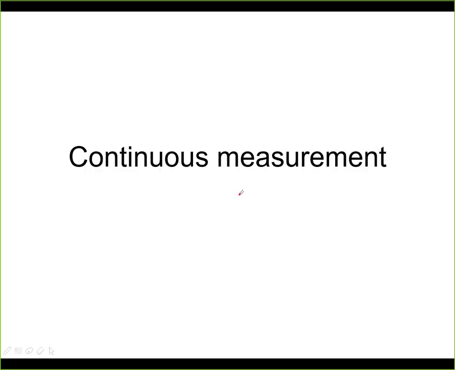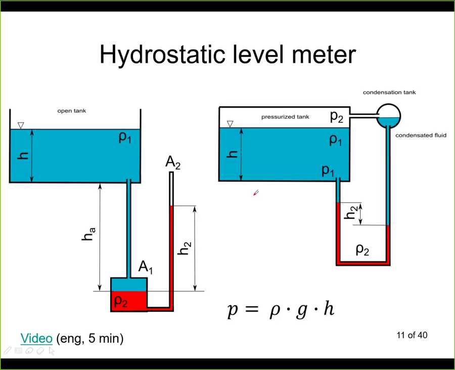So let's take a look first on the larger group of continuous sensors, and we'll leave the point level sensors at the very end of the lecture. So the first principle I will show you is the hydrostatic level meter.